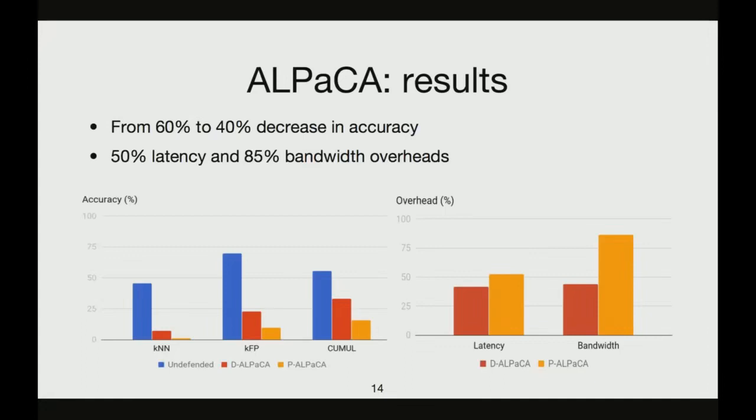One thing to notice is that the accuracy in the unprotected case is quite a bit smaller than the accuracies that website fingerprinting attacks typically achieve on regular sites. We believe this is because hidden services are very small and very similar to each other, so they are more likely to collide in some of the features, actually in the length features.